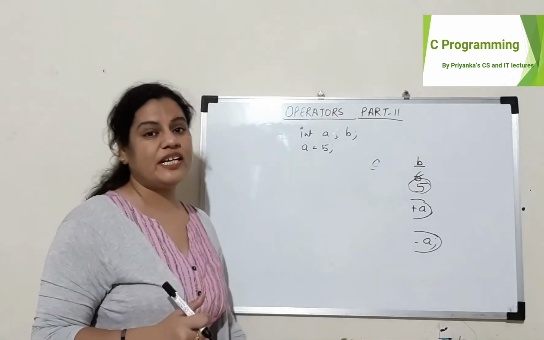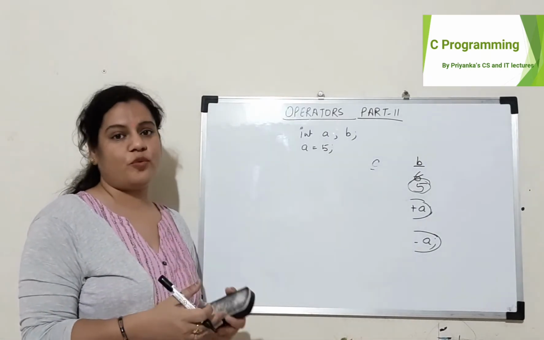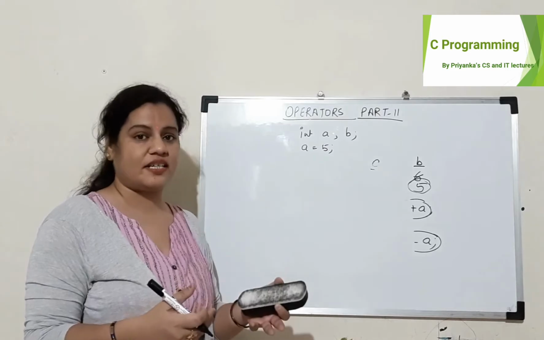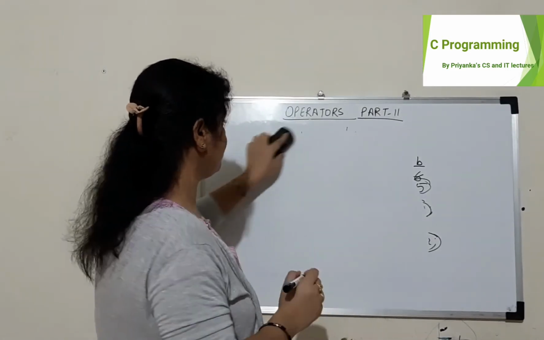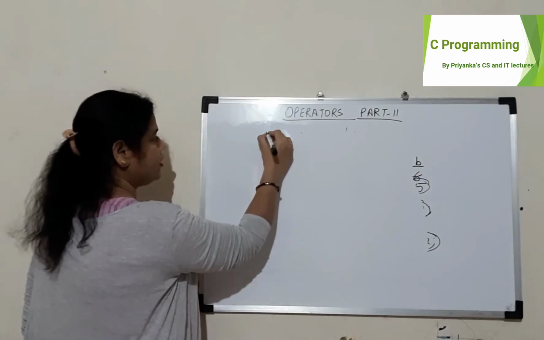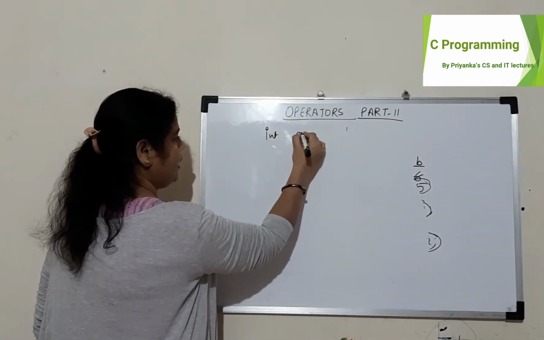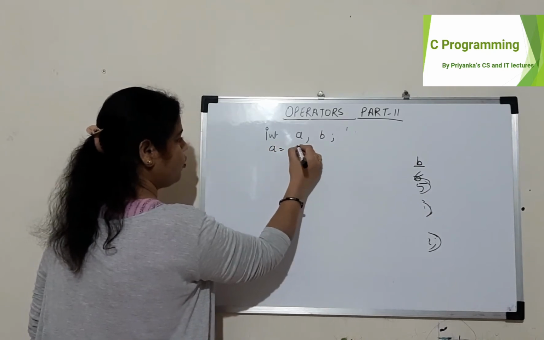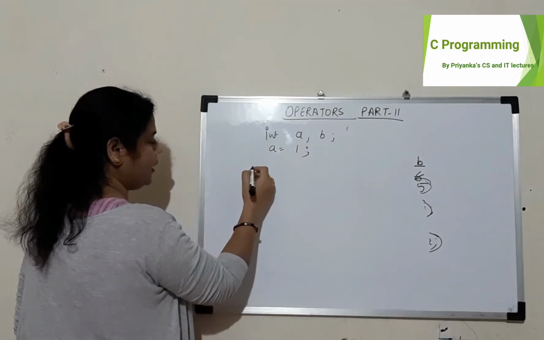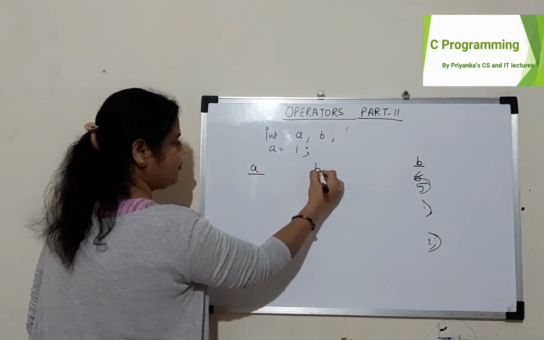Basically, we use unary operators in loops to make our loops run faster. Now one more example. Suppose I have int a and b, and a has 1.